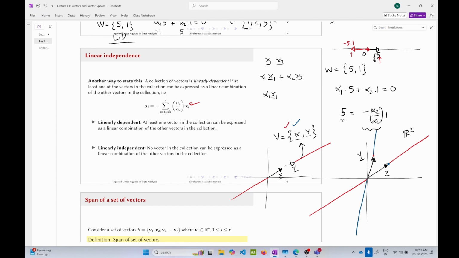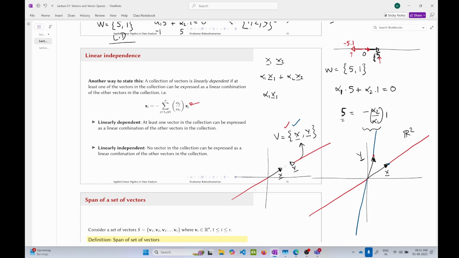Another way to think about this is, at least in R2, if two elements of a set are collinear, then for sure it's linearly dependent. Whenever you have non-collinear vectors, then you have linear independence. And it just turns out that in R2, and we will see later, that whenever you have three vectors, that set is always linearly dependent.